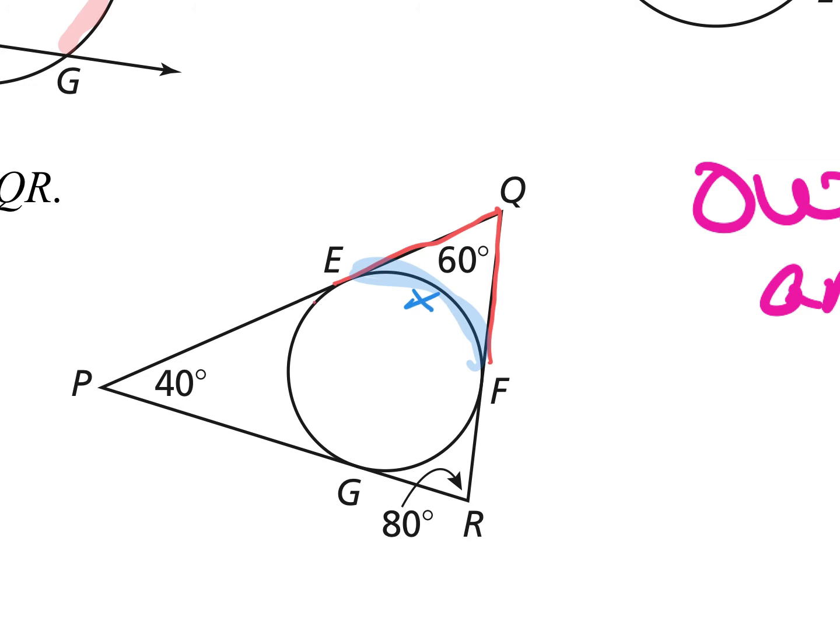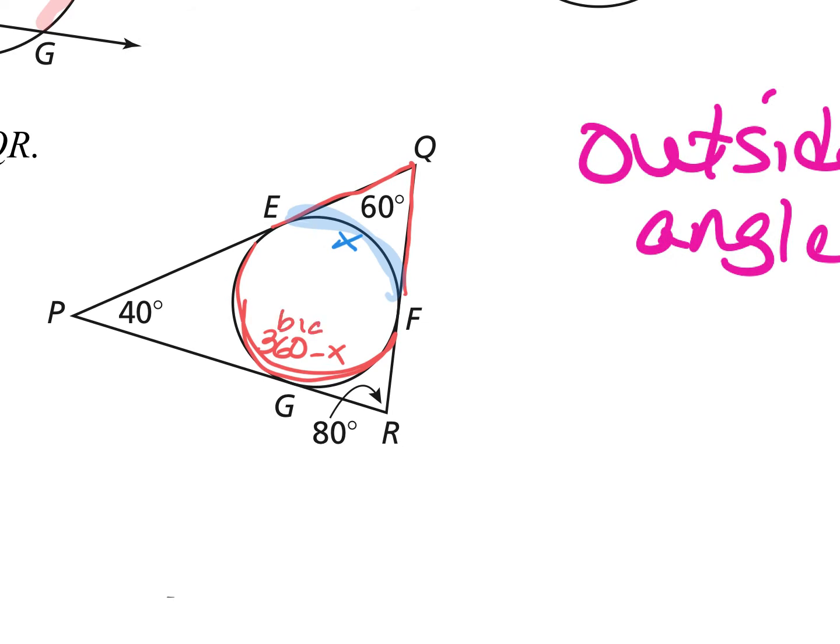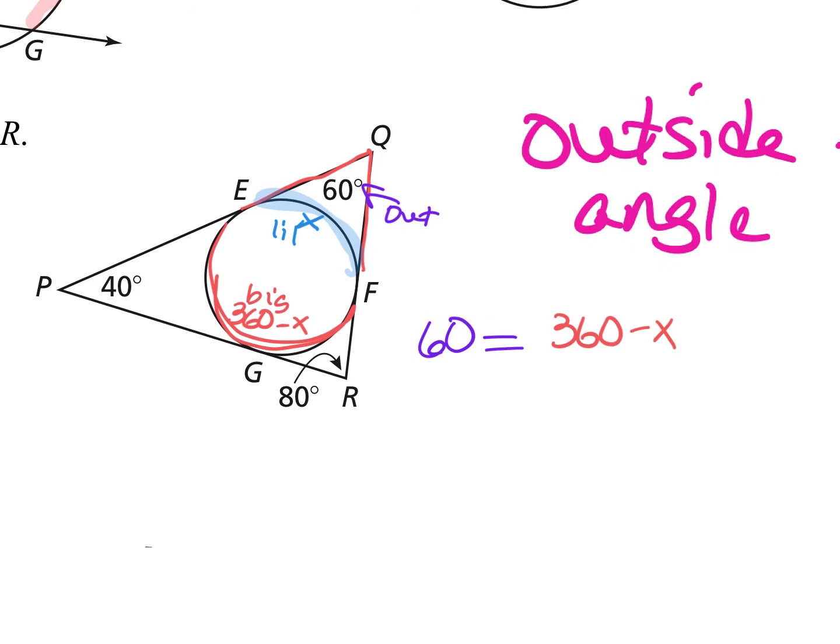Then my big arc here, I'm going to call this 360 minus x. So this is big, this is little, and then this is the outside. So I'm going to do 60 is equal to big arc minus little arc divide by 2.